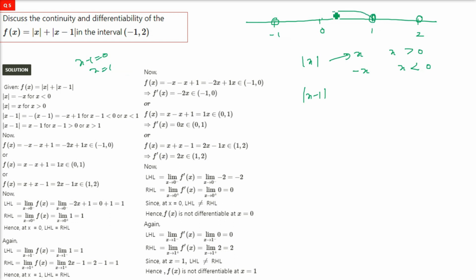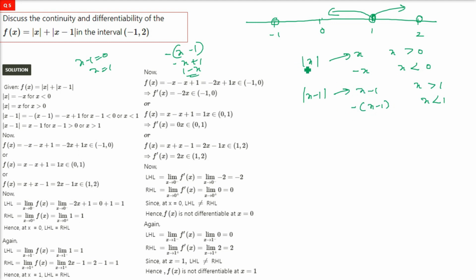So below 1 it is going to be negative, and above 1 it is going to be positive. So x minus 1 for x greater than 1, and when x is less than 1 it is going to be negative of x minus 1. So you can write this negative of x minus 1 like this, minus x plus 1. You can always write it as 1 minus x, or it can be minus x plus 1, whichever way you want. Okay.